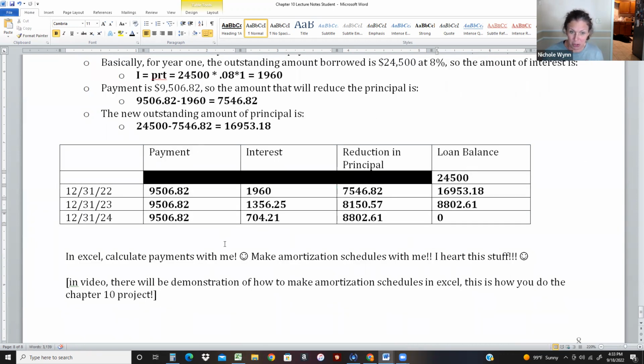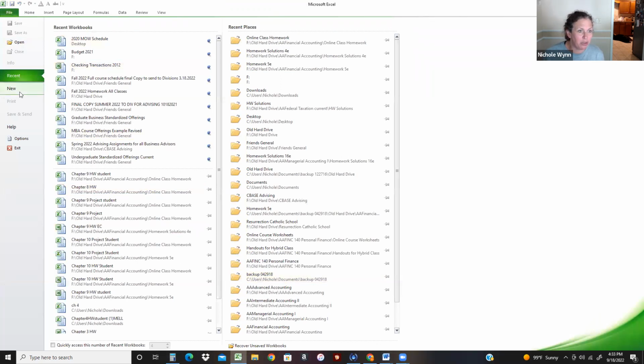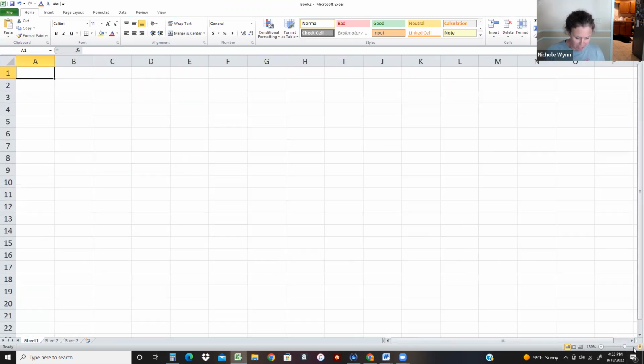So you'll do this for homework by hand once. And then I want to show you guys how to do it in Excel. So let's take this table and I'm going to show you guys how to do this kind of a thing in Excel. So normally what I do is I ask one of you to tell me about a car that you want to buy. So we're going to have payment number, and I'm just showing you how to build one of these in Excel.